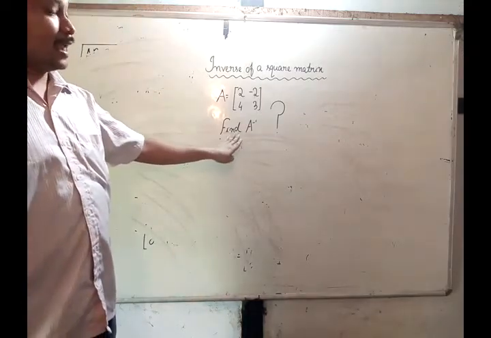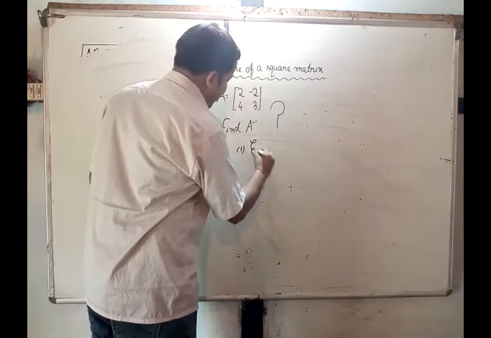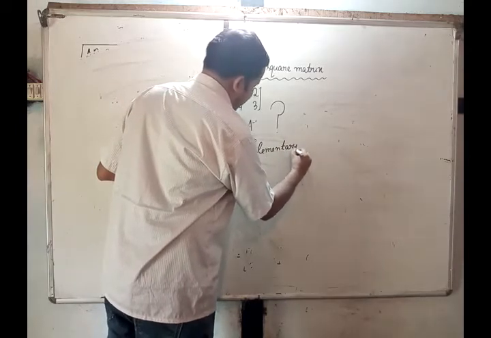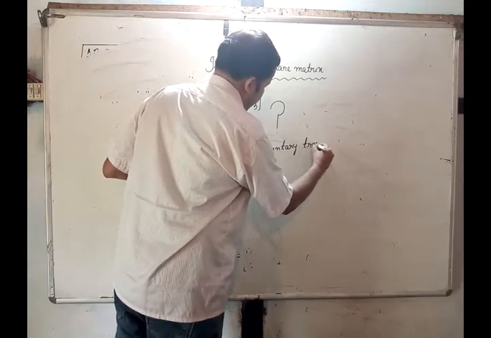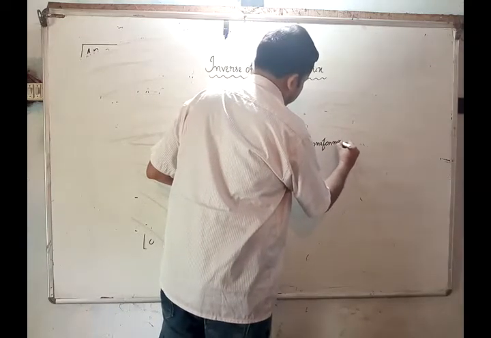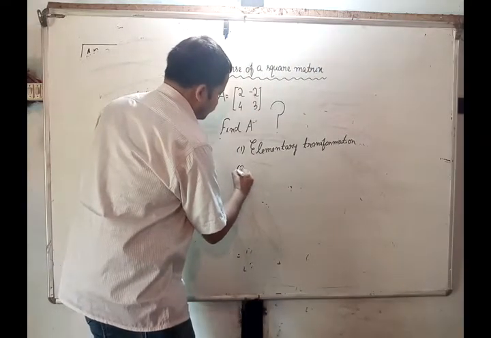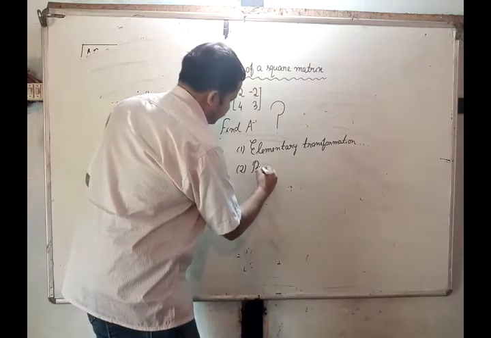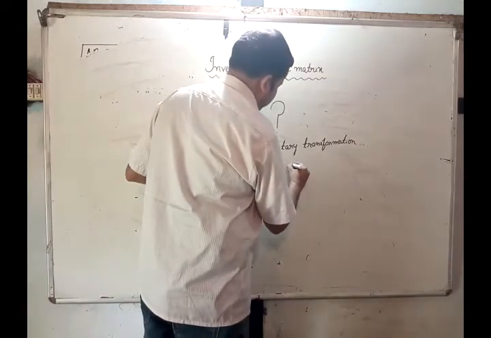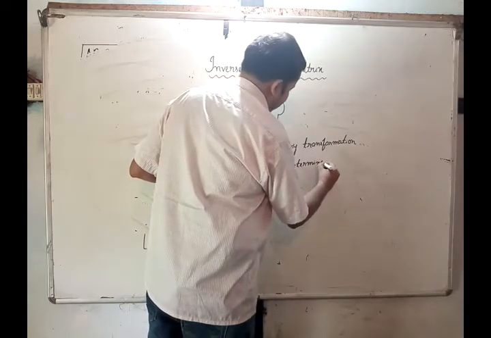Number one is the elementary transformation method, and the second one is by using determinant.